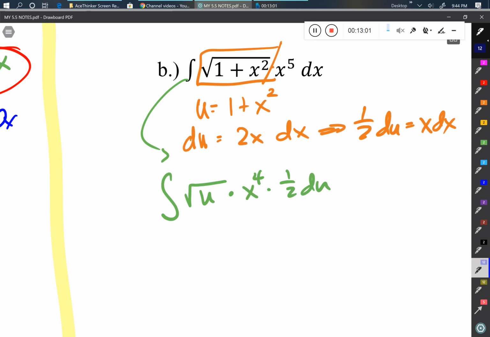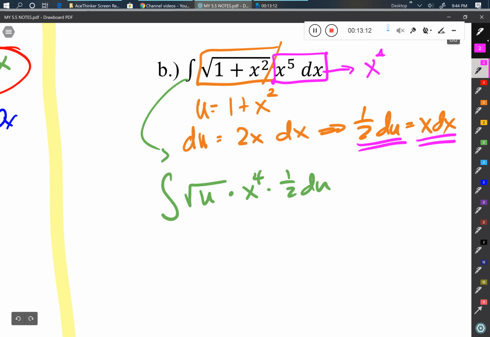Well, my substitution was x dx can get replaced with 1/2 du. So this piece right here, I'm thinking of this as x to the 4th times x dx. So then I can take that and do that, and this just kind of tags along. It's in fact sitting right there.